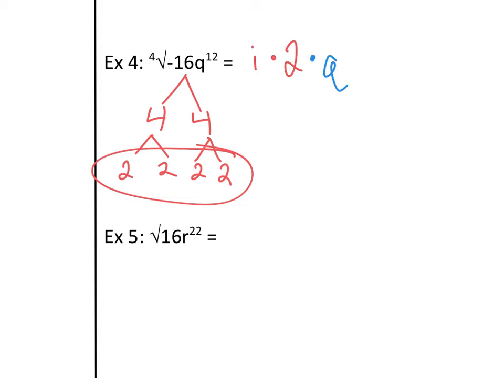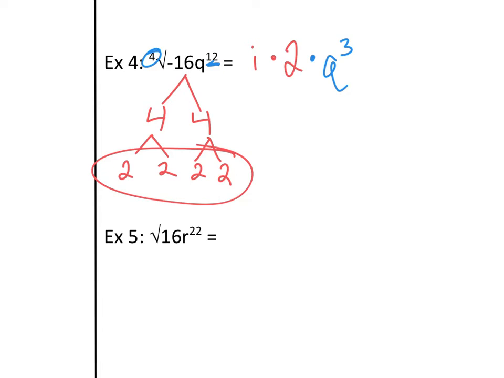So a little shortcut on that: you can just take your exponent inside and divide that by your index. You might want to write that down. So divide the exponent by the index. That's going to give you your group sizes.